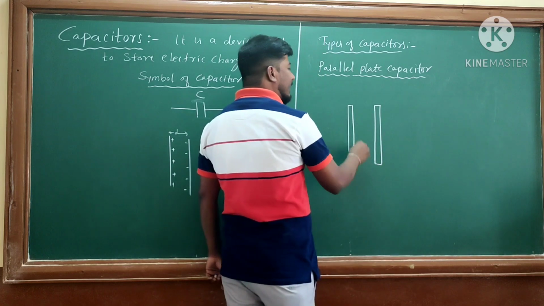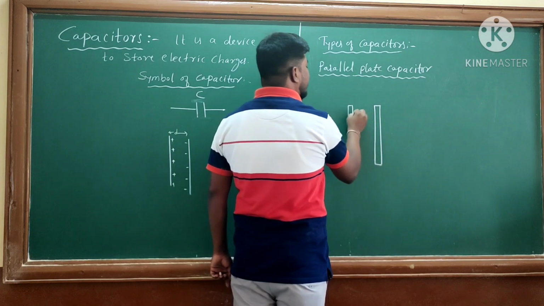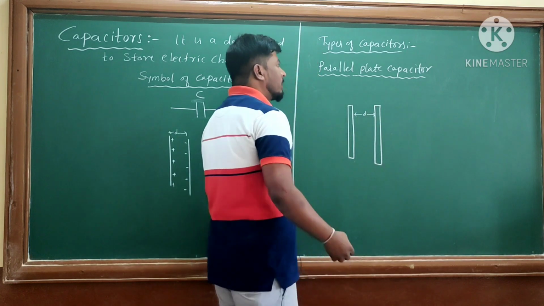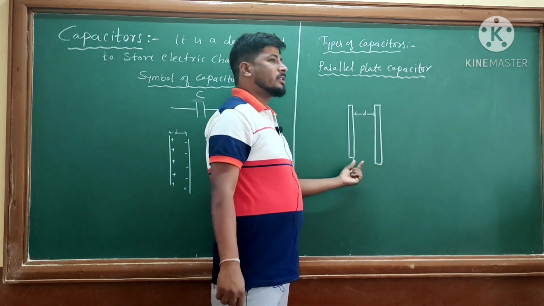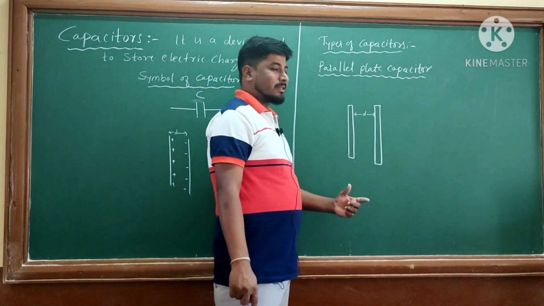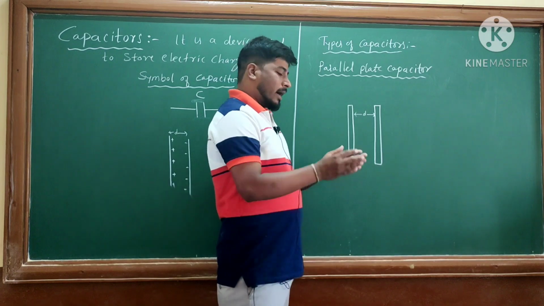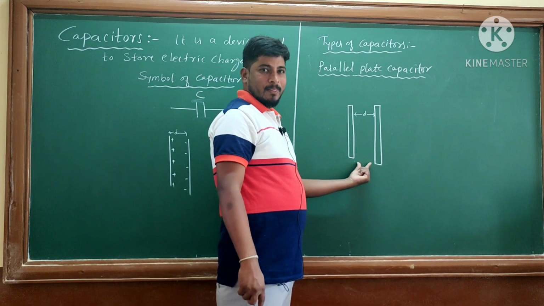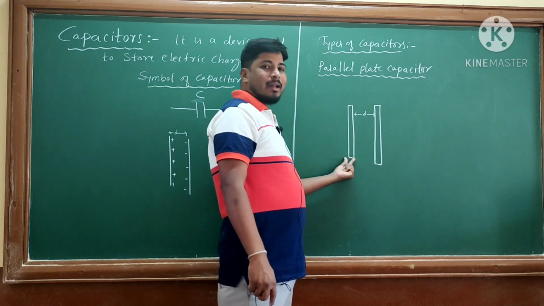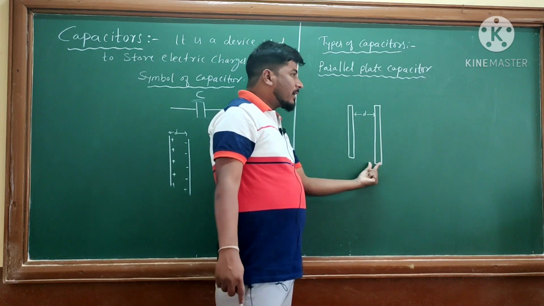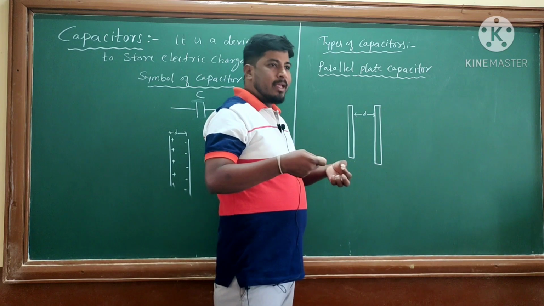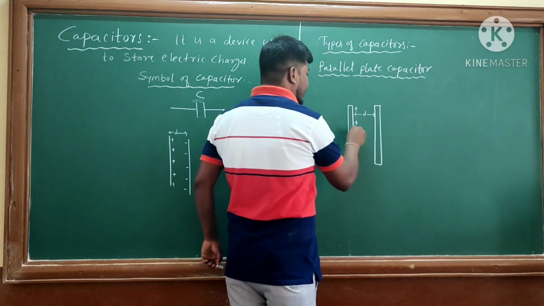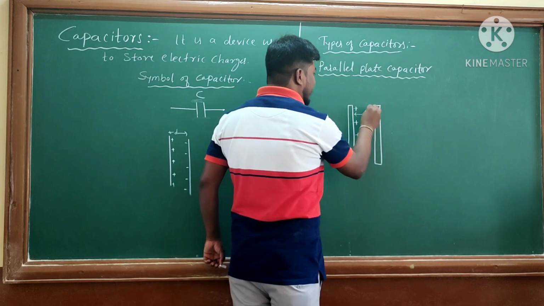A parallel plate capacitor is a capacitor where two parallel plates of conductors are separated by a small distance. This is one parallel conductor, this is another parallel conductor. They are separated by a small distance. As I said, there are positive and negative charges.